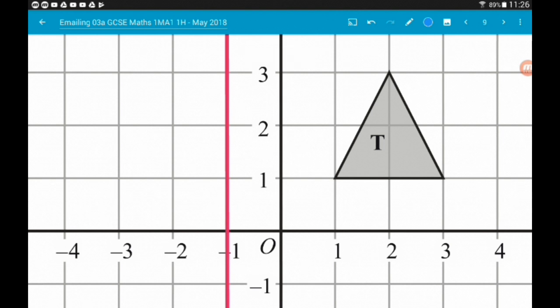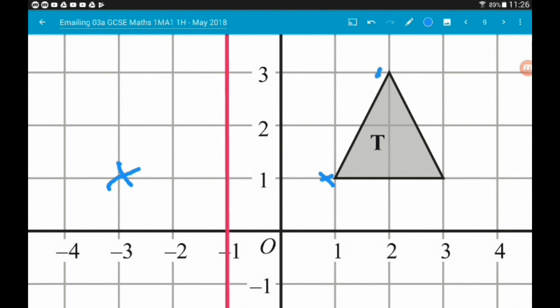So if we're reflecting T in the red line, let's start with this point here. Count how many places left we have to go to the red line, which is 2. So it gets reflected 2 squares to the left of the red line.